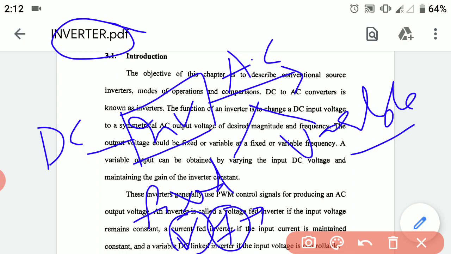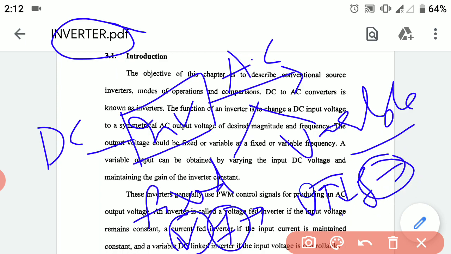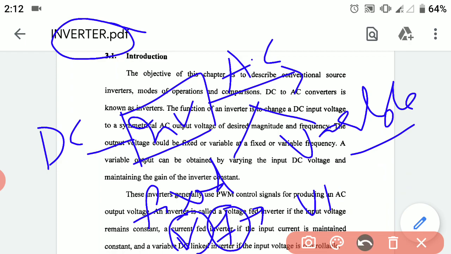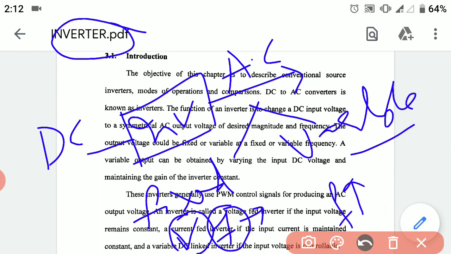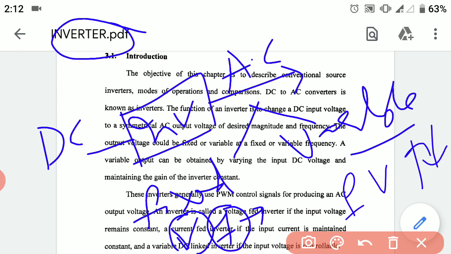The variable AC can be voltage variable with fixed frequency, or frequency variable and voltage fixed. That is, it can be variable frequency or variable voltage, or a case where both frequency and voltage are variable. So the output from the inverter can be of any type.